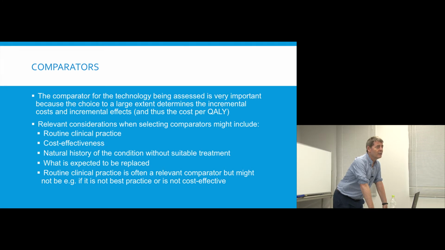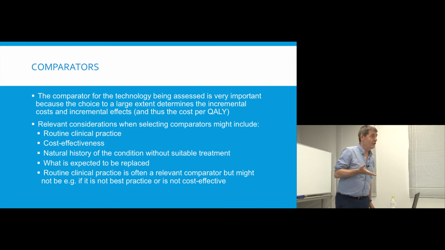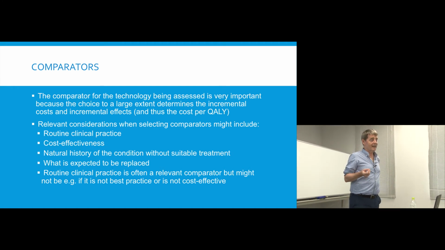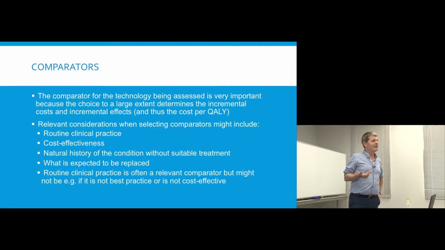That was routine clinical practice. But it's not best practice. It's well established that best practice is to start by giving a 200 milligram dose to these patients, but then up titrating to a bigger dose if it's not working. Up titrating as far as 800 milligrams.